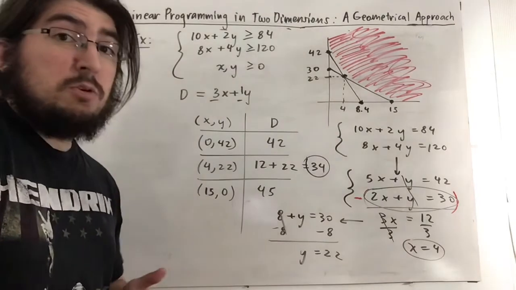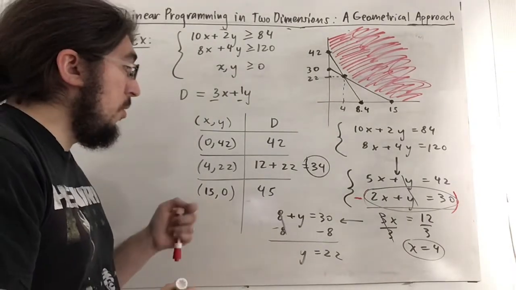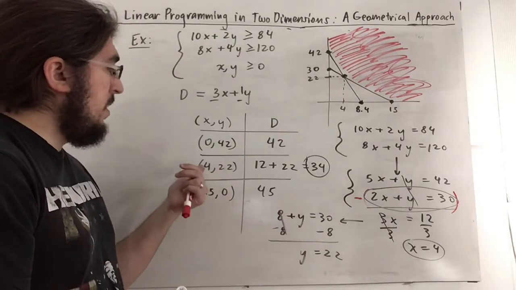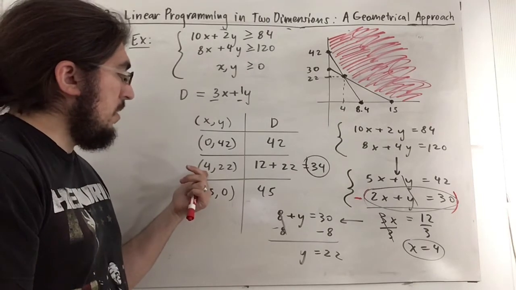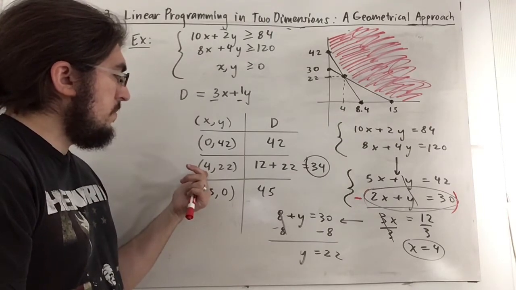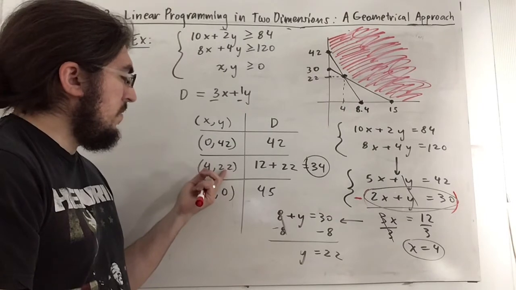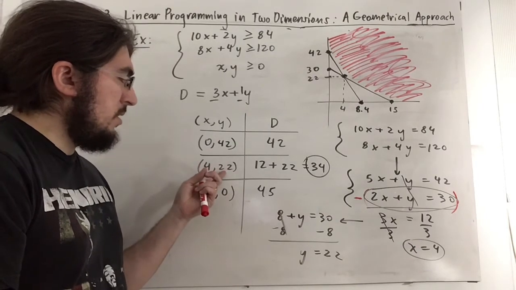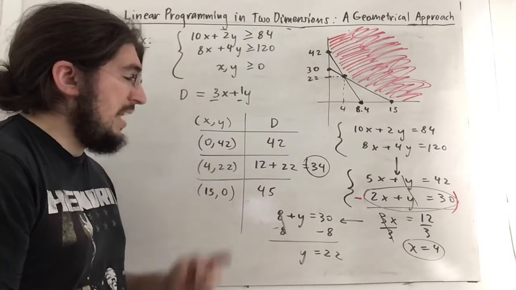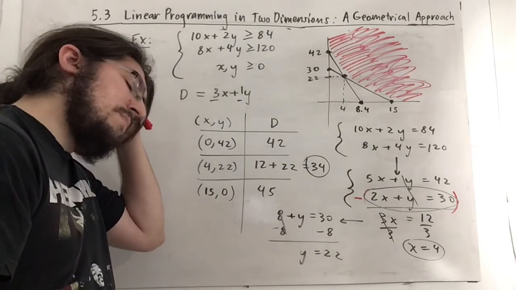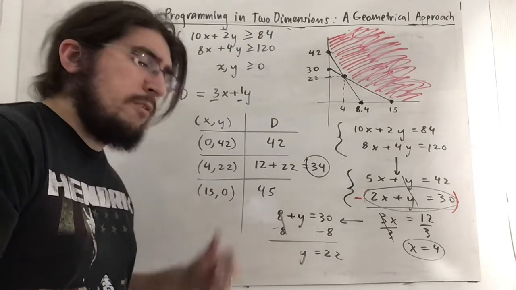So the actual minimum value for D is 34, and that happens when you have 4 units of the M substance, and then 22 of the N substance. But it's not units. I guess it would be in grams.